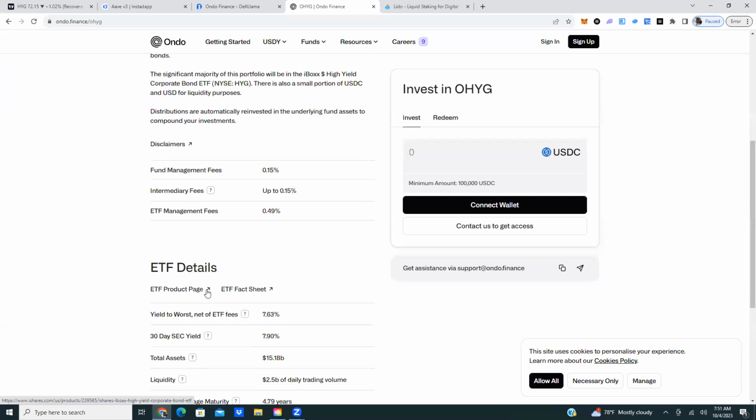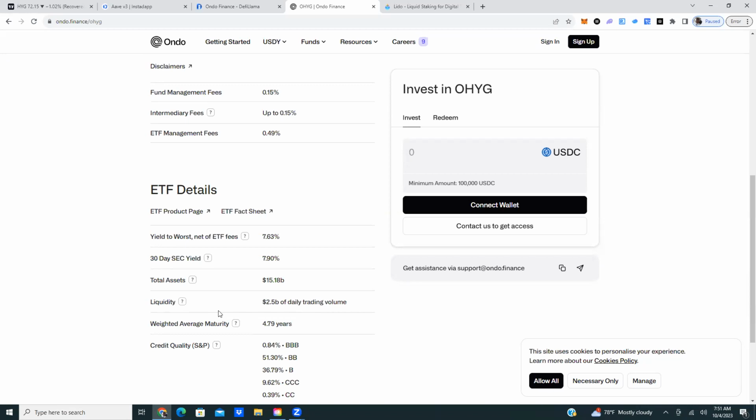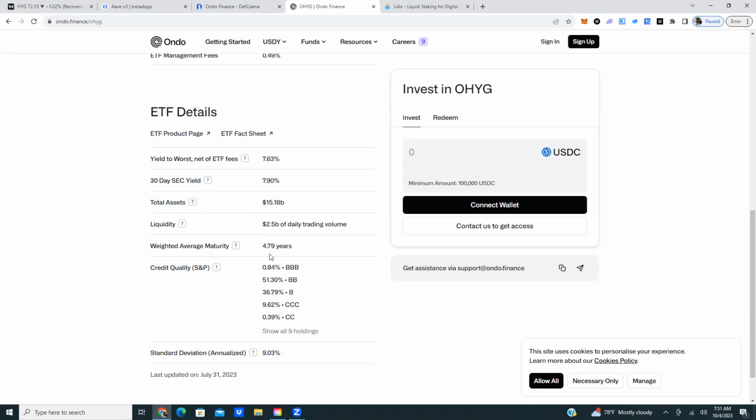The ETF product page, fact sheet, yield, total assets is $15 billion worth of assets in that particular asset. Liquidity, 2.5 billion of daily trading volume. Weighted average maturity is 4.79 years, or almost 5 years. Credit quality, S&P triple B is 0.84%. This is made up of different tranches: triple Bs, double Bs, Bs, triple Cs, and double Cs.